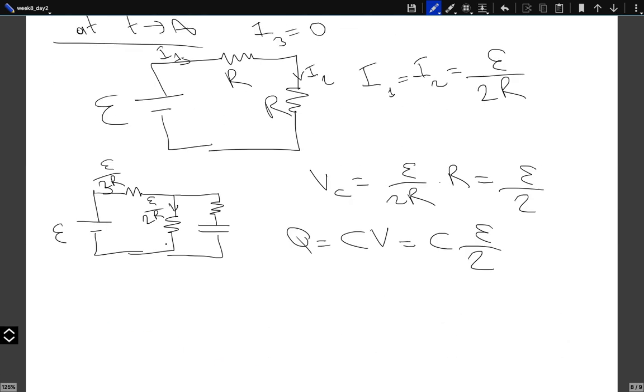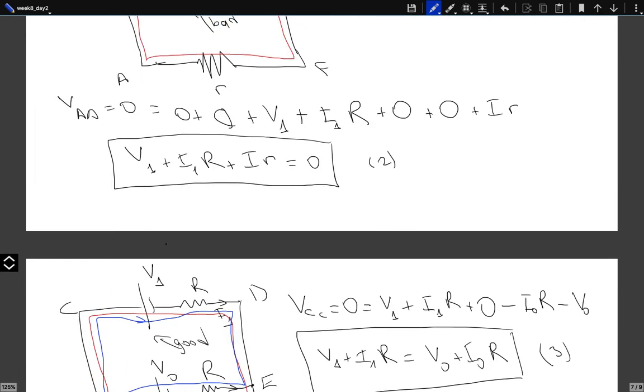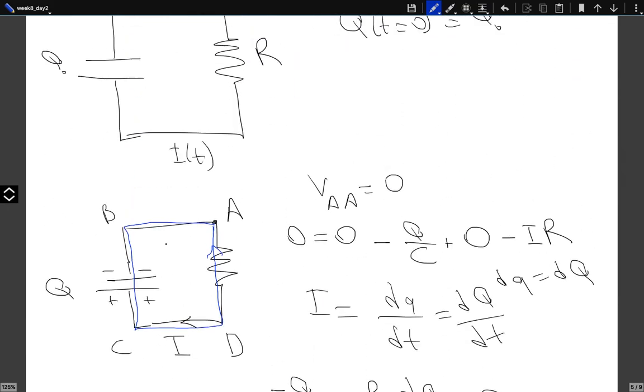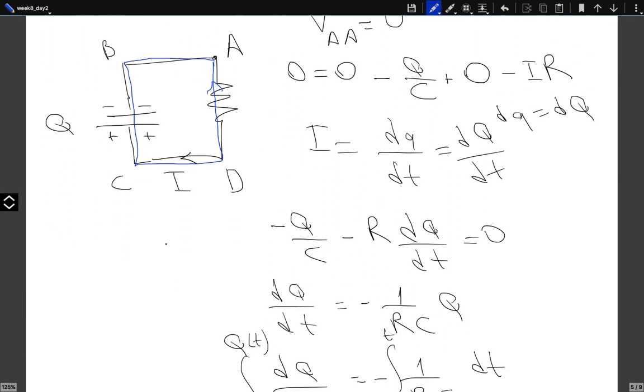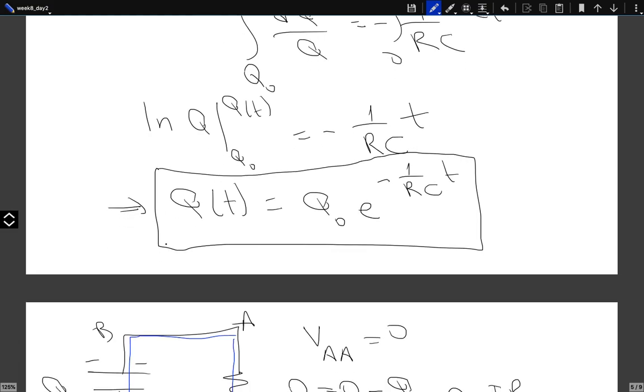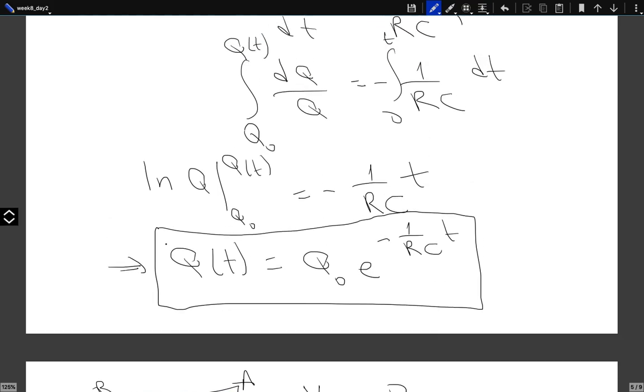And just for completeness, I forgot to mention one name. You see, we solved these circuits. This is when it is discharging. The charge as a function of time was determined by that exponential.